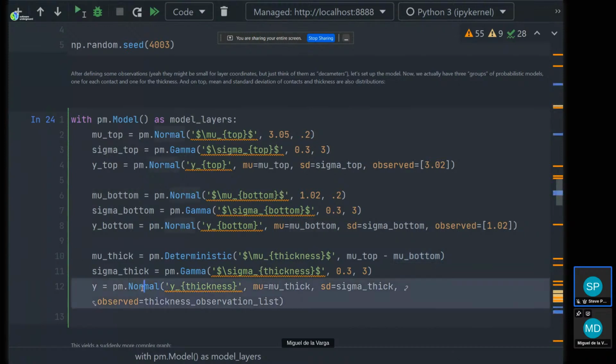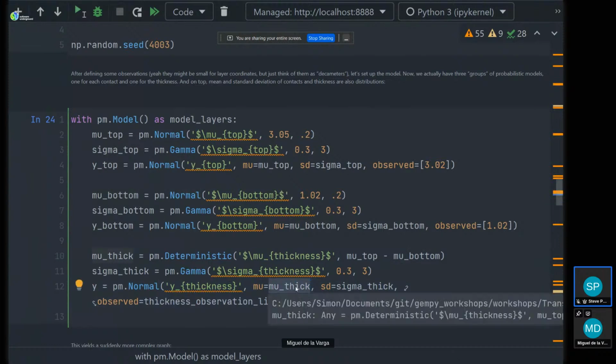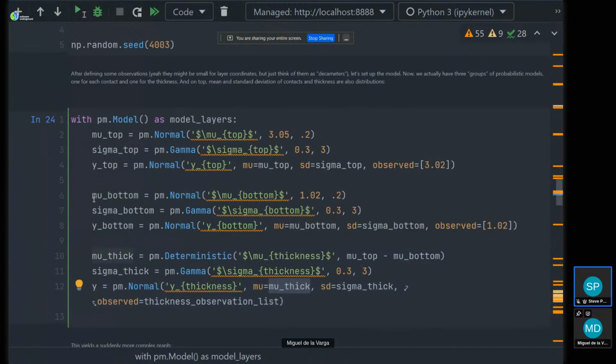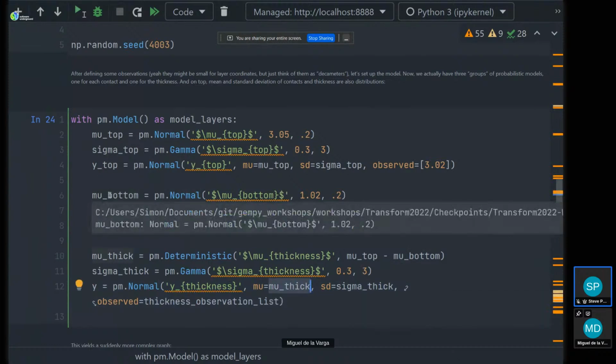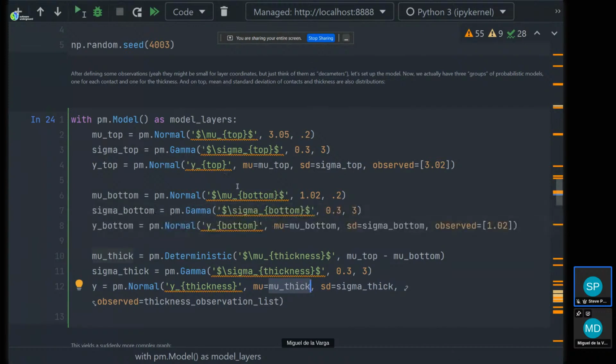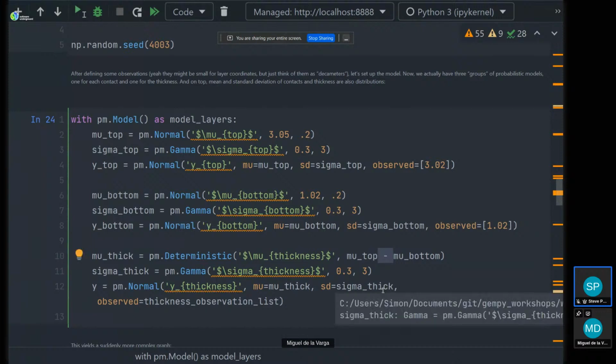For this likelihood function, what we are doing is sampling from those means and doing a mathematical operation in between, and that is what relates to the observation. The important aspect here is the mathematical operation, because in this case it's very simple, just a subtraction. But the moment you get the concept that you can apply any mathematical function to your priors to relate to observations, that opens a world of possibilities.